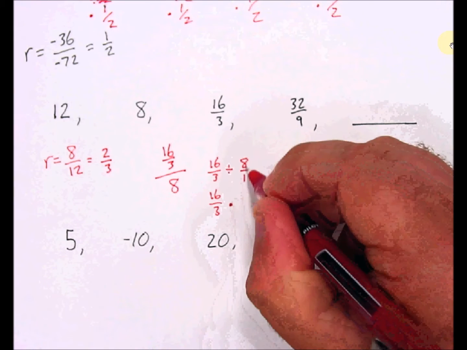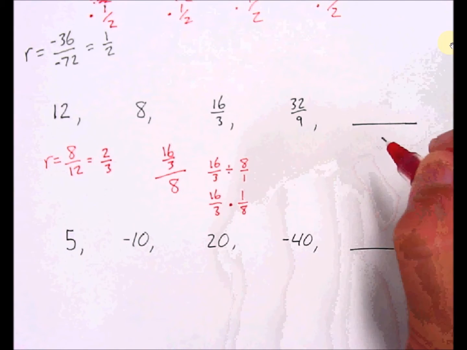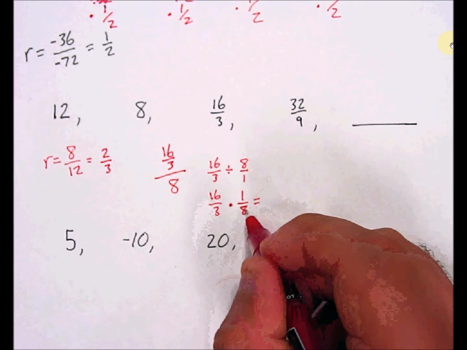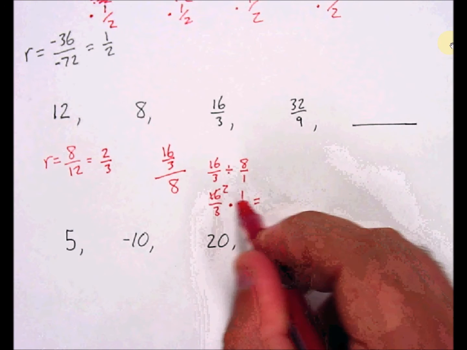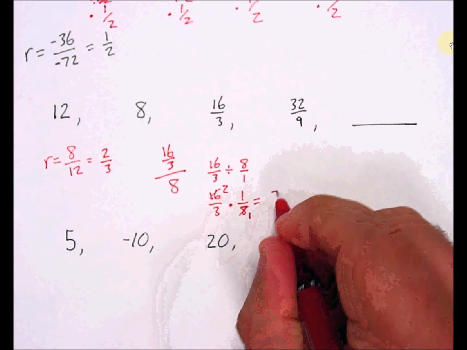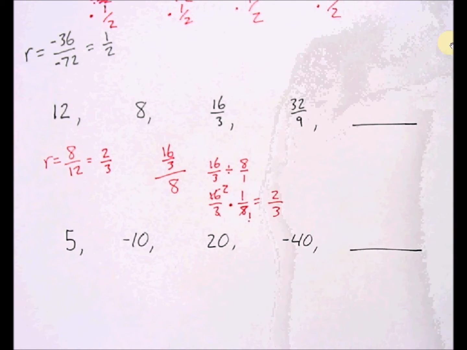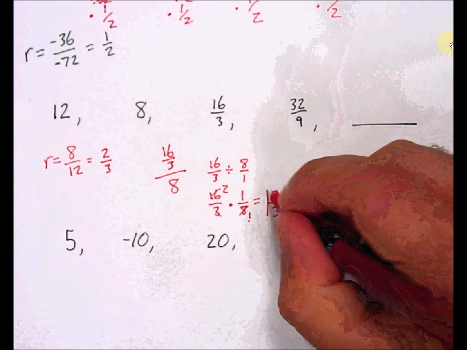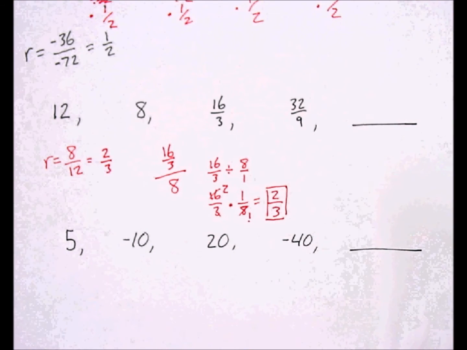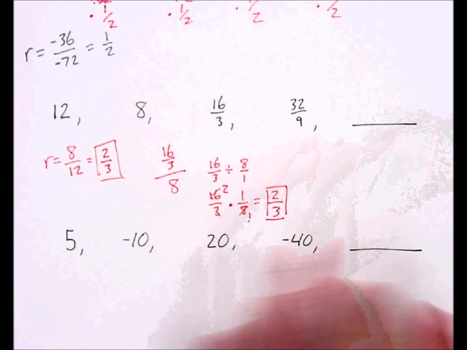You multiply by the reciprocal, so by 1 over 8. And then you can reduce it here. This 8 and this 16 become a 2 and a 1, and 2 times 1 is going to be 2, 3 times 1 is going to be 3, and so this 2/3 is going to be the same common ratio that I had here.